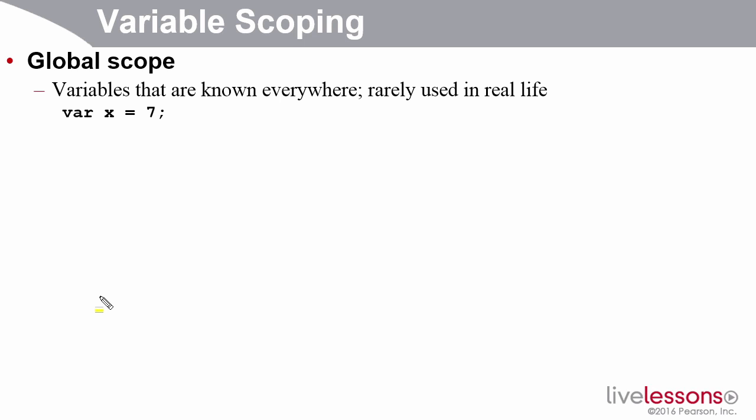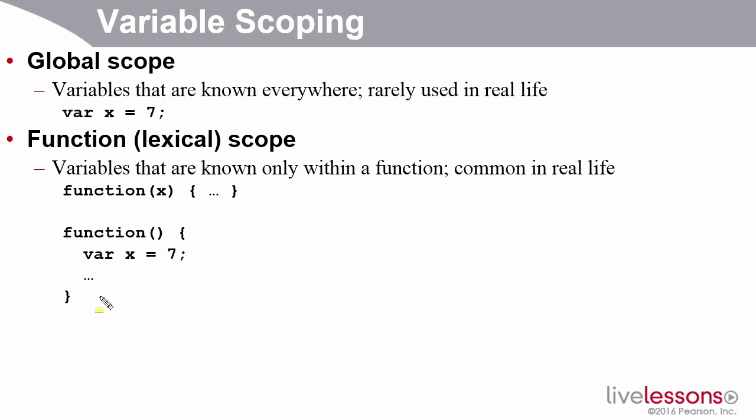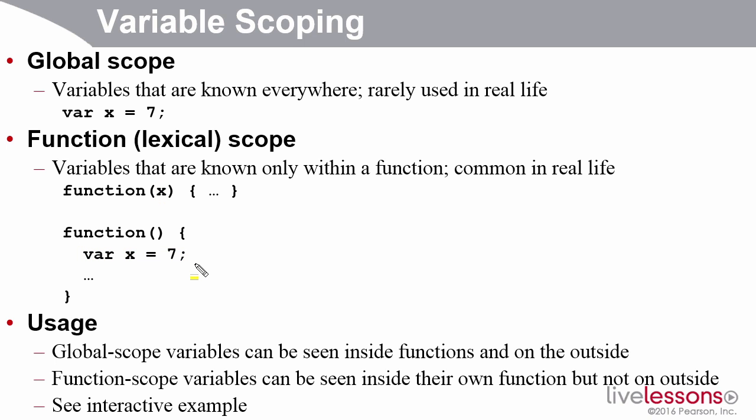This is not used very often in real life. Much more often in real life is you define a variable inside a function, either as the parameter to a function or with a separate var line inside. And then those variables are known inside the function definition, but they're not known on the outside. This is extremely common in real life. And we'll give an example very shortly of the difference and try to illustrate it interactively.